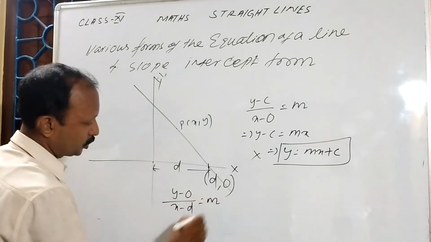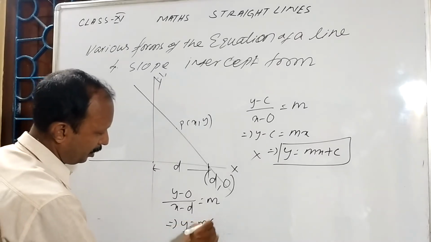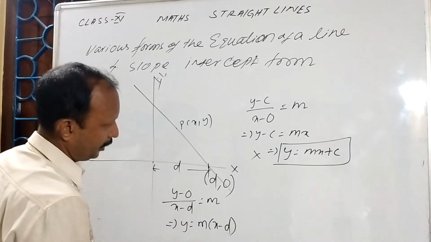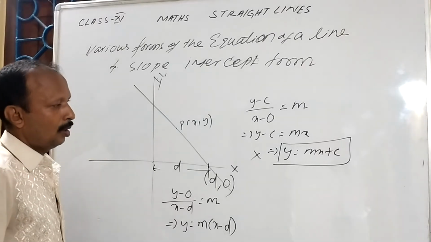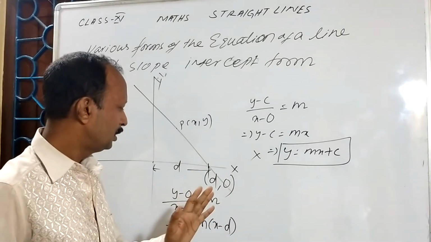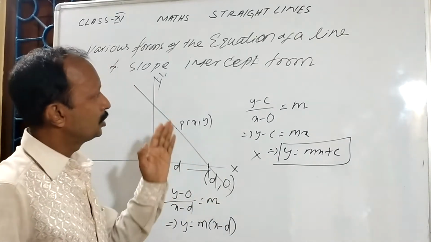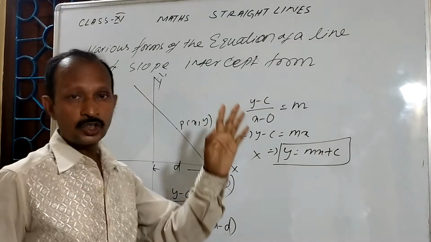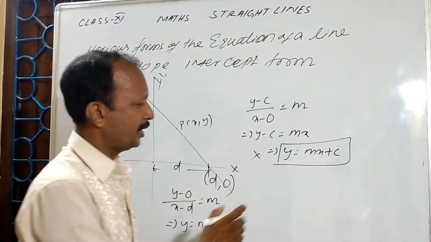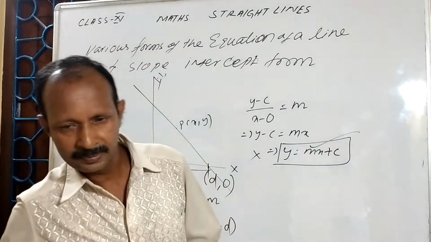This is the slope, or I can write that y is equal to m of (x minus d). Okay, so here y-intercept is not there, that is 0. So this is about the slope intercept form. Slope is there, one intercept is there. Here this is the case of y-intercept c.